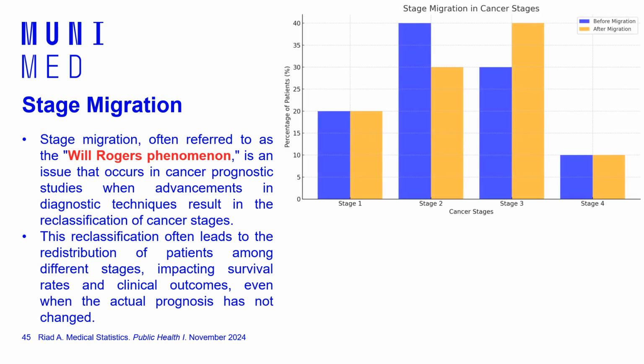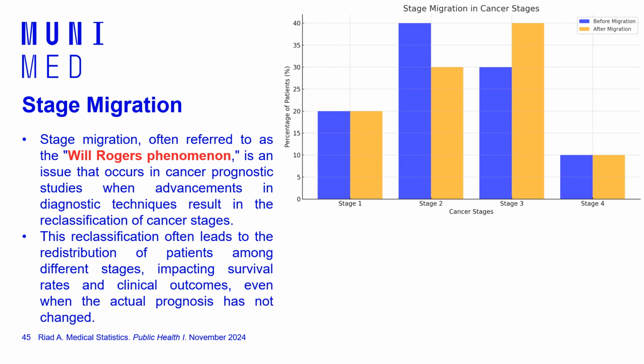So in this graph, you can see that there are blue and yellow colors. The blue color represents the cases of cancer before the migration, or before the new diagnostic method was used, and the yellow one represents after the new diagnostic method is used, which is called after migration. As you can see, in stage 1 and stage 4, there was no difference.